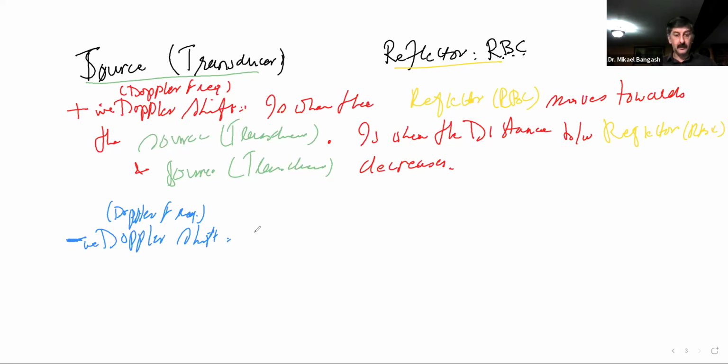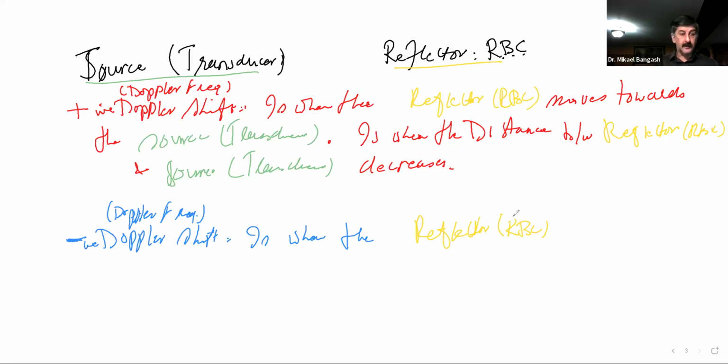That is going to be when, again, the reflector, which in our case when we scan is moving blood or flowing blood, the reflectors are going to be the red blood cells.